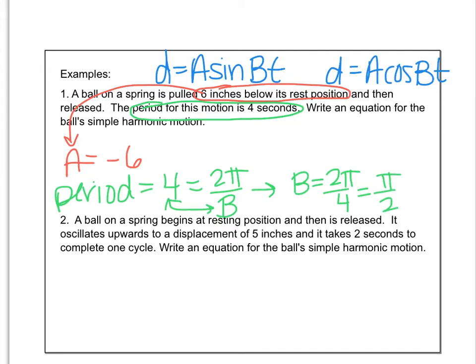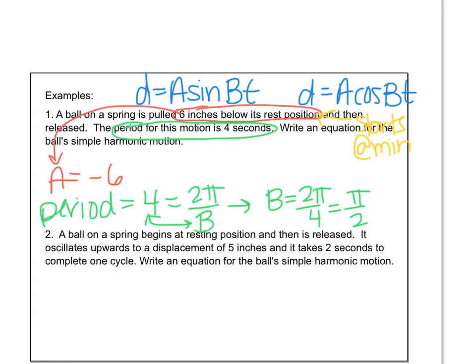So we've got all the information we need. We just have to decide now what we're going to do, sine or cosine. So if you read it carefully, it's telling you that it's being pulled downward, which means it starts at a minimum. So you just have to think about which one is going to start at the minimum. And hopefully you remember sine, because it has 0, it starts at an intercept. So that would mean it starts at the resting position.